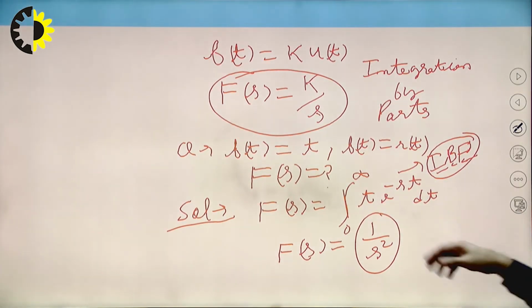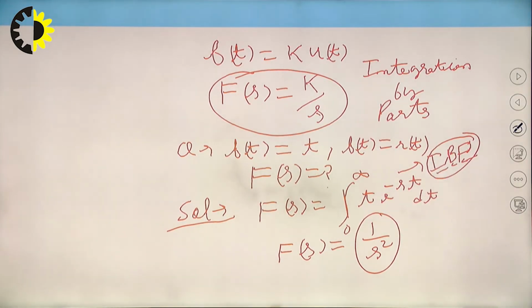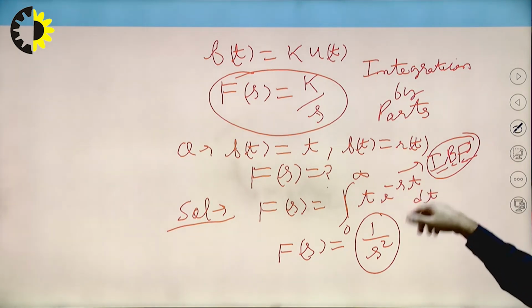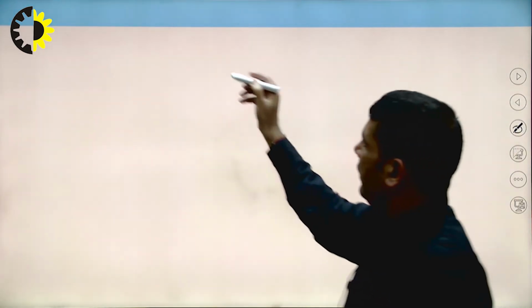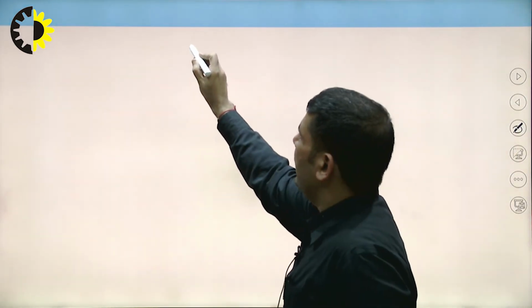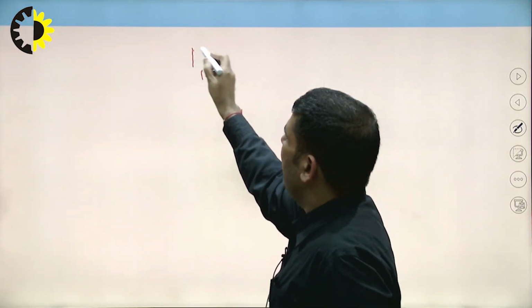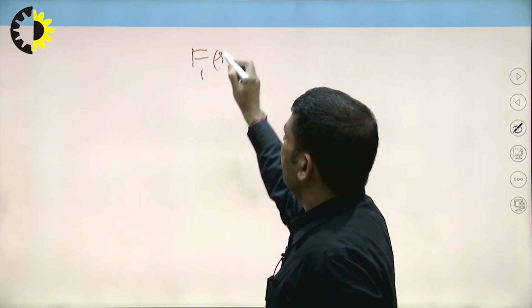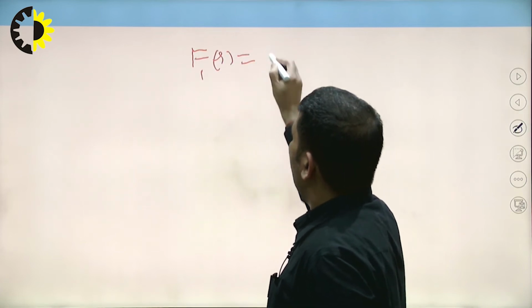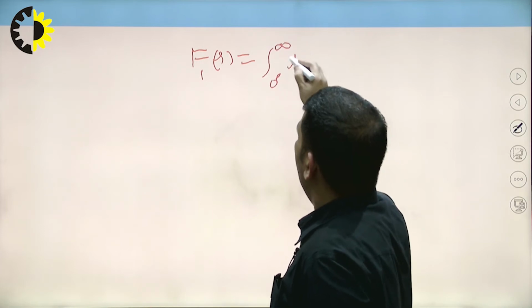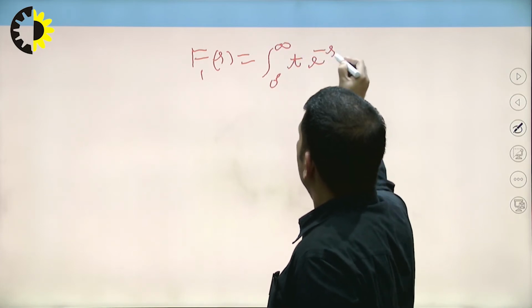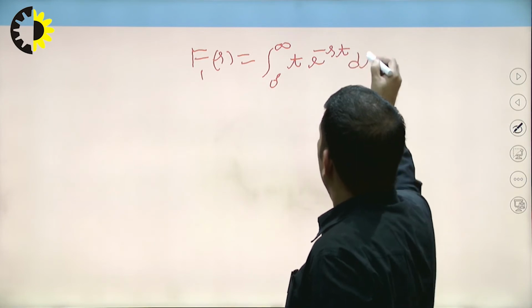So let us discuss this numerical first, then I will discuss the integration by parts formula. Here F(s) for our case comes out to be the integration from 0 to infinity of t e raised to power minus st dt.